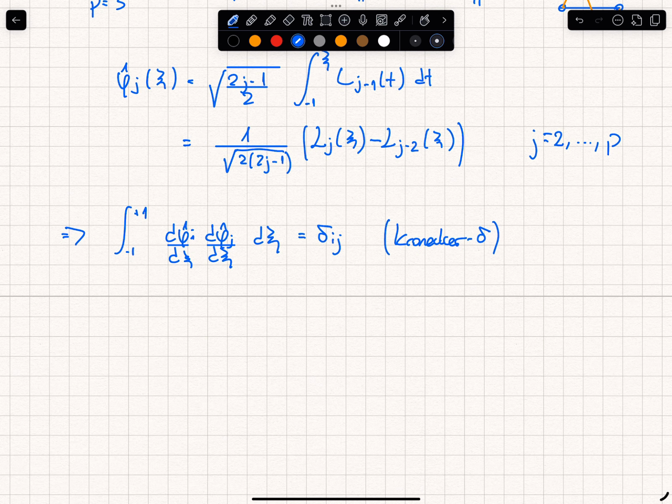So basically, if you take 2 of those functions, that integral of the derivatives is equal to 1 if the functions are the same, and equal to 0 if those functions are different.